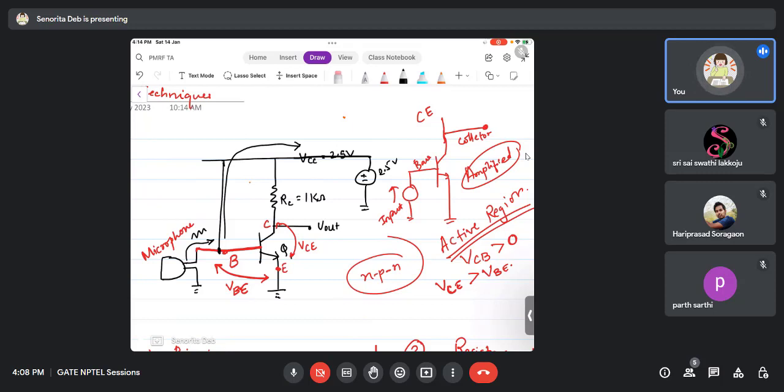Whatever signal comes out will go through this shorted path to the power supply, and the base of the transistor will not get anything. So this is the importance of biasing.